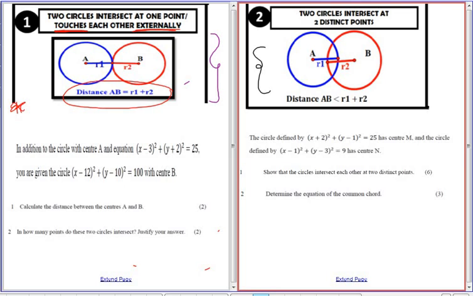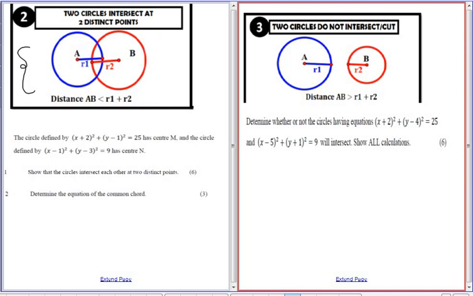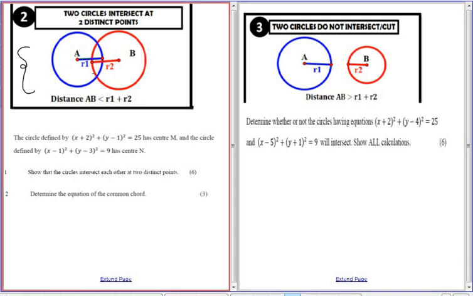So if they are intersecting, the overall distance between A and B, if you look at this part here, is no longer equal to R1 plus R2. In fact, you can see that it is smaller. The diagrams themselves are self-explanatory.